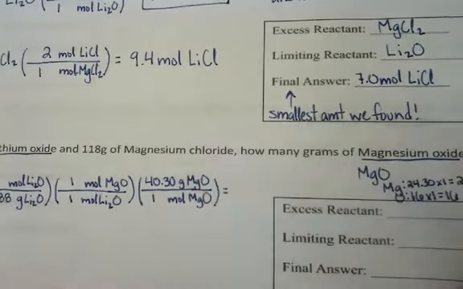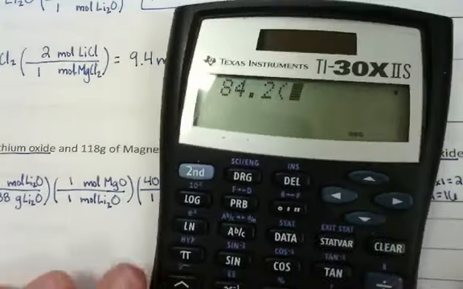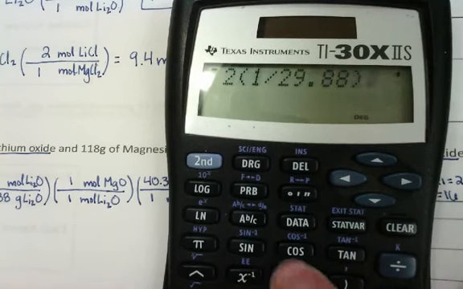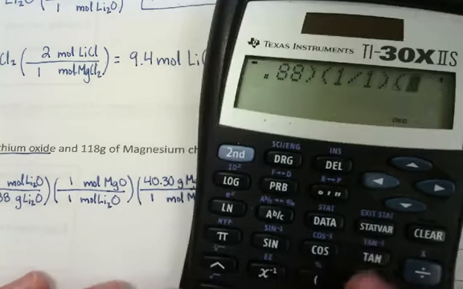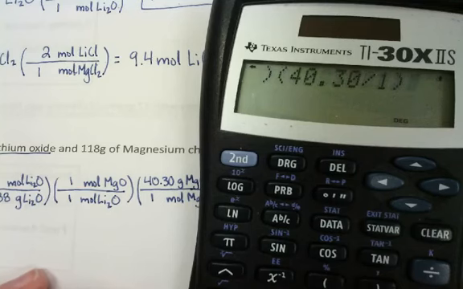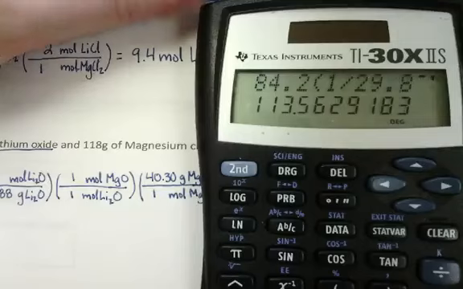So we can plug it into the calculator. 84.2, parentheses 1 over 29.88, close, parentheses 1 over 1, close, parentheses 40.30 divided by 1, close. That gets us 113.5629183.